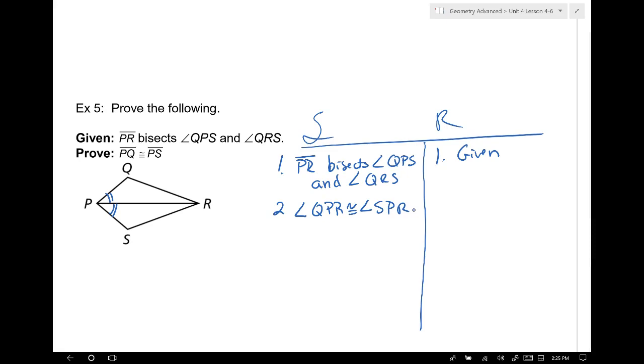I'm going to put in the same steps since I had the same reason to start with. So you said which one? Yep, QRP, yep. QRP is congruent to angle SRP. And this definition of what type of bisector?